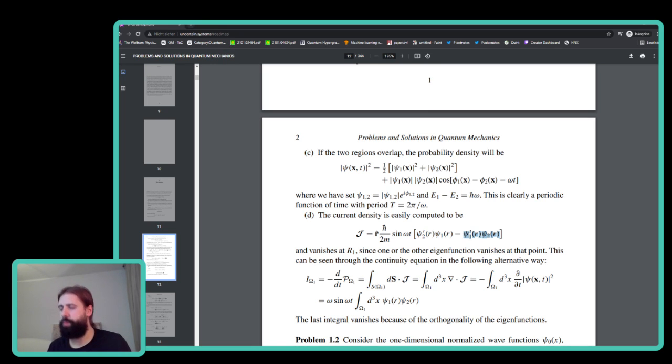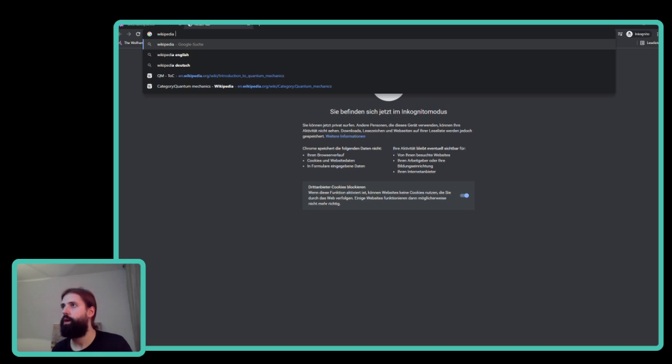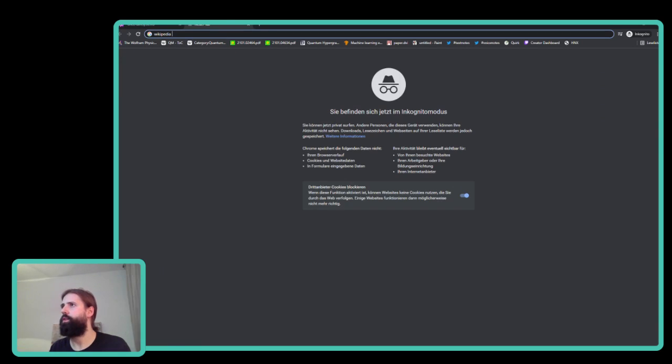Let's see, Wikipedia. We're looking for the current density.